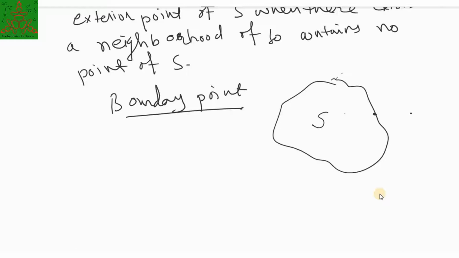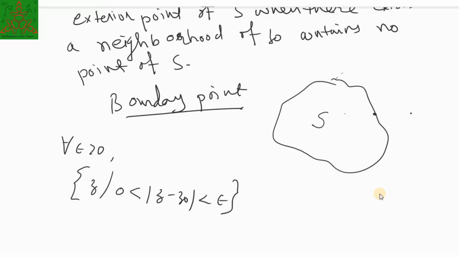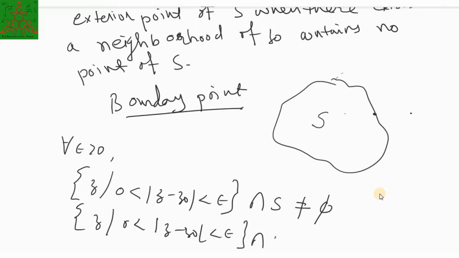In mathematical terminology, for every epsilon greater than 0, the deleted neighborhood 0 < |Z minus Z0| < epsilon has non-empty intersection with S, and the deleted neighborhood of Z0 also has non-empty intersection with the complement.